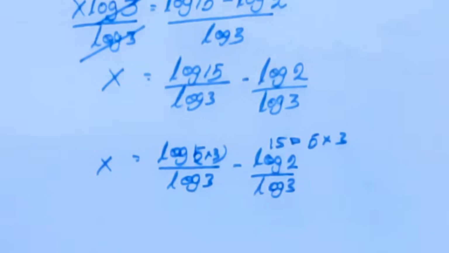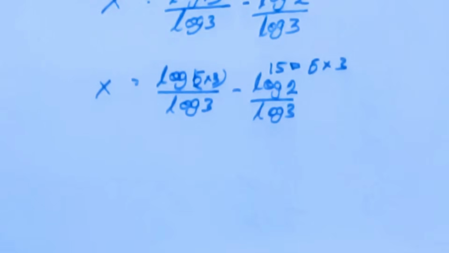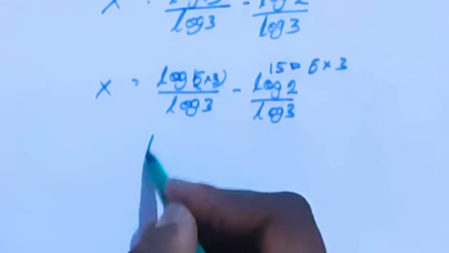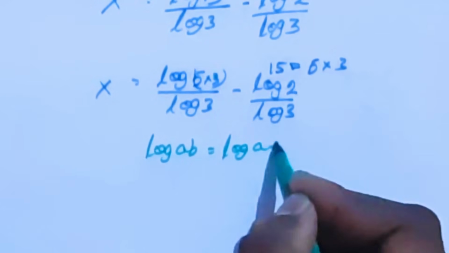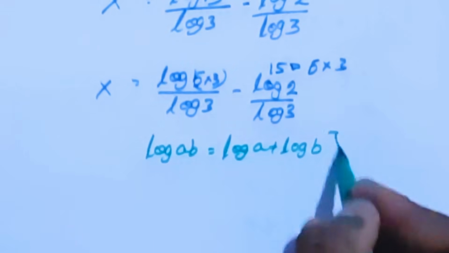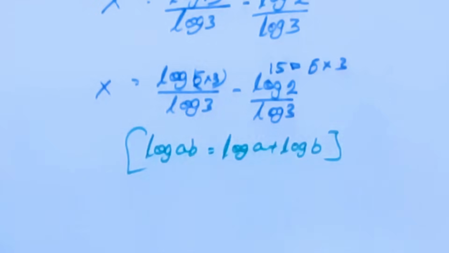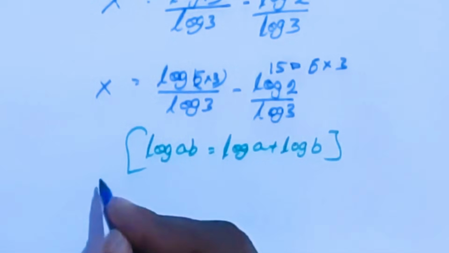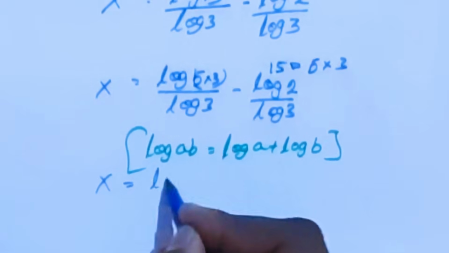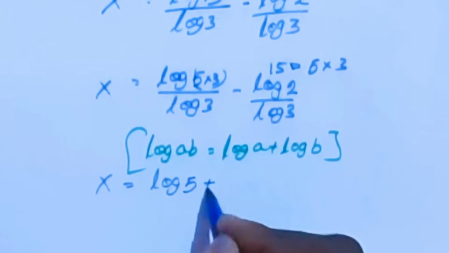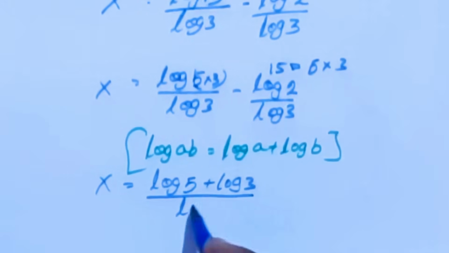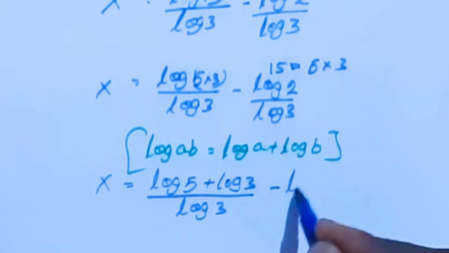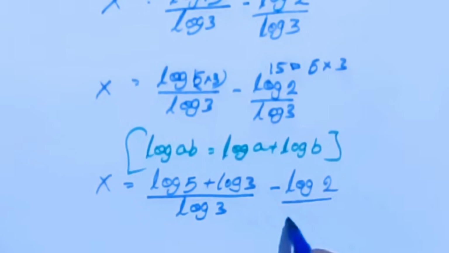Now as per this log product formula, that is log ab equal to log a plus log b, this formula we are going to apply here. So we will get x equal to log 5 plus log 3 whole divided by log 3 minus log 2 by log 3.